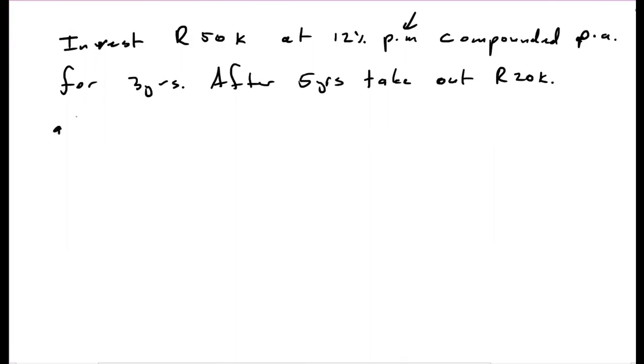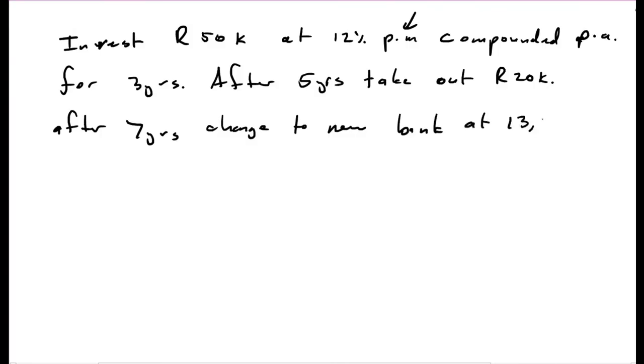Then, after 7 years from the initial investment, I change to a new bank at 13.5% per month as well, compounded annually. And then what do I do? I add 10,000 bucks after 9 years.